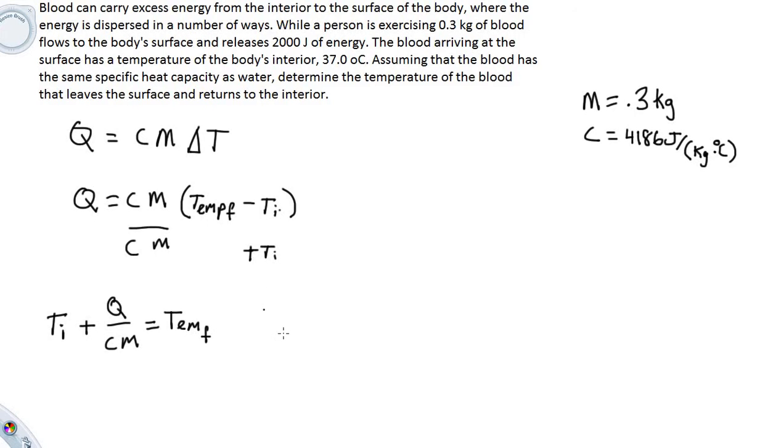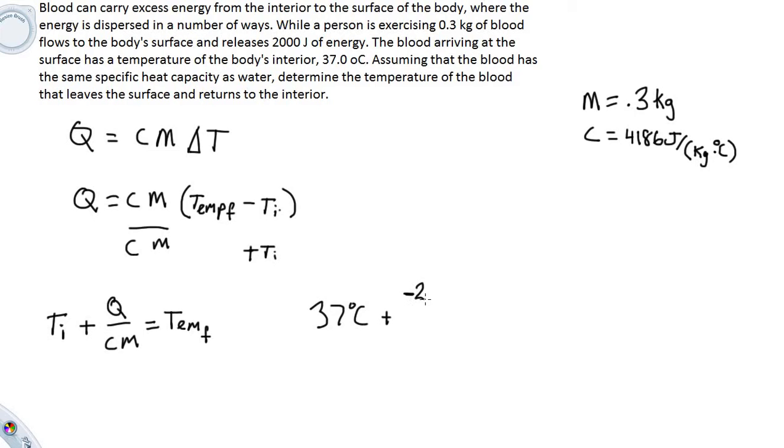Okay, so we can start plugging in some numbers here. Since the internal temperature of the blood is 37 degrees Celsius, plus, it is releasing 2,000 joules of energy, so you want to make sure that you put a minus sign there.